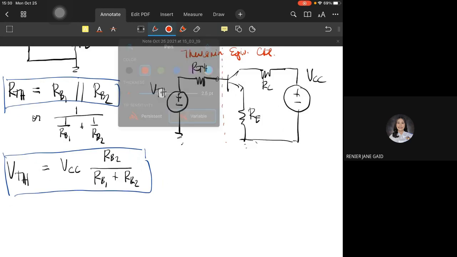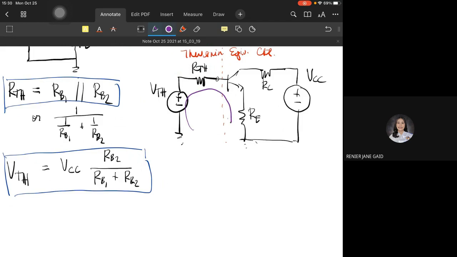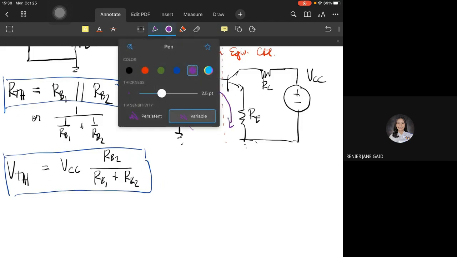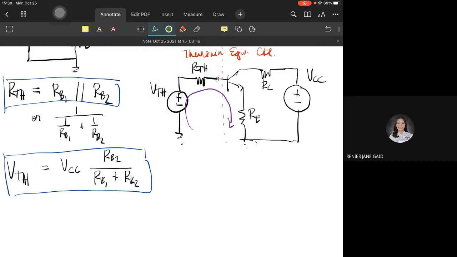easily perform KVL here and here, the same as the KVL equation for the emitter bias.